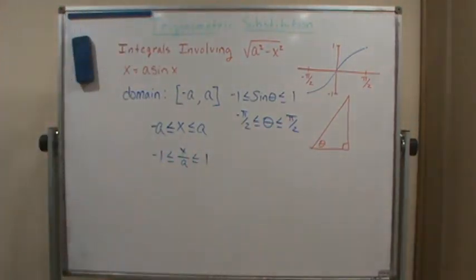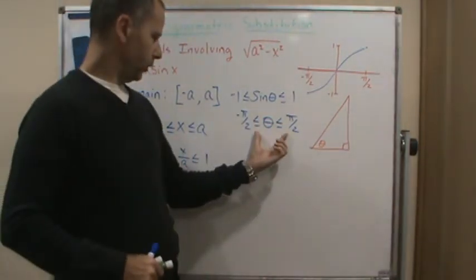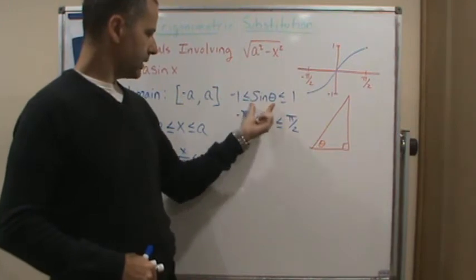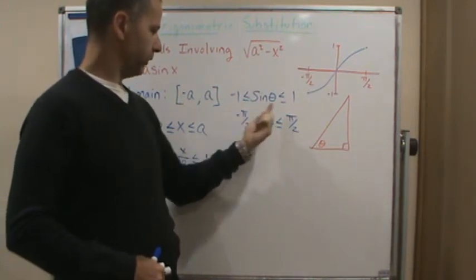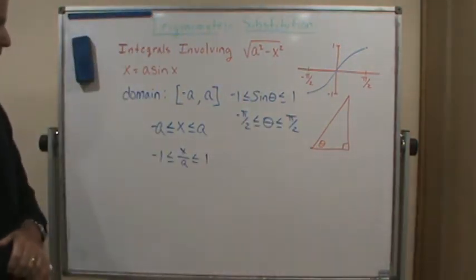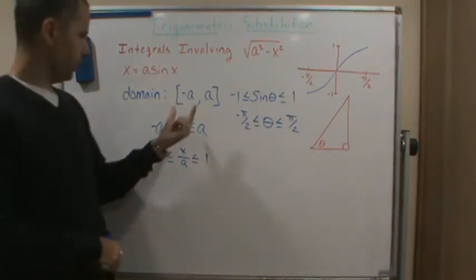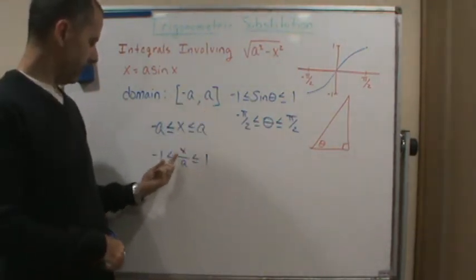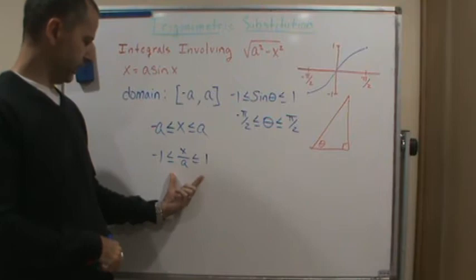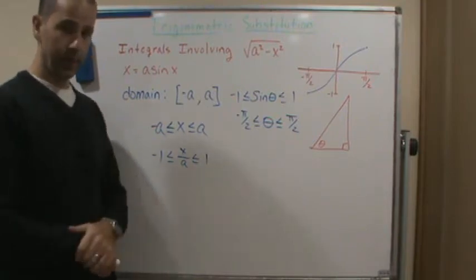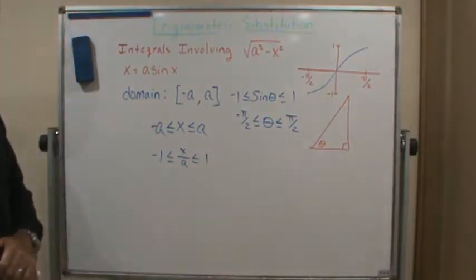Over this interval, sine theta is from -1 to +1. Over this interval, x over a is between -1 and +1, inclusive.